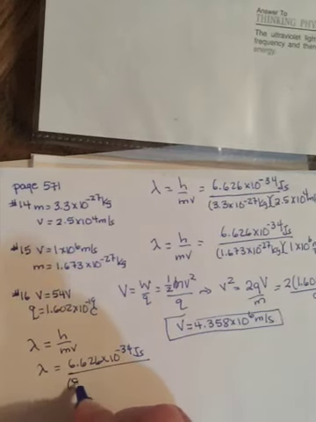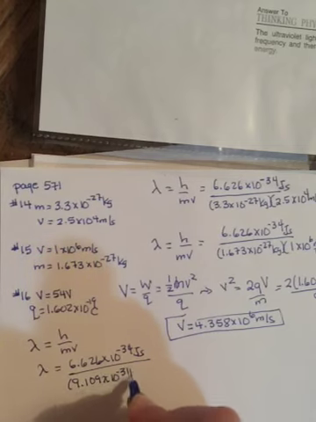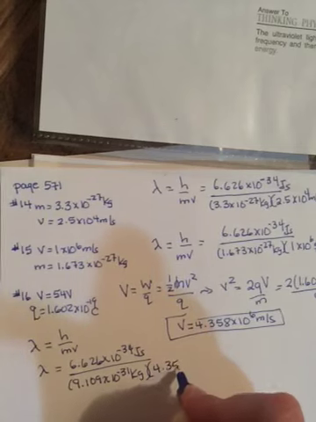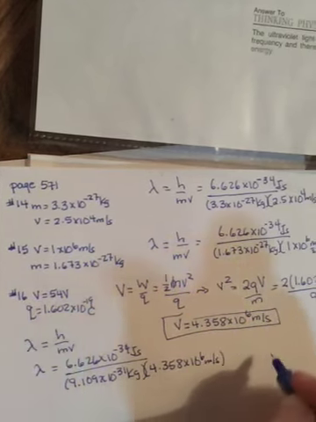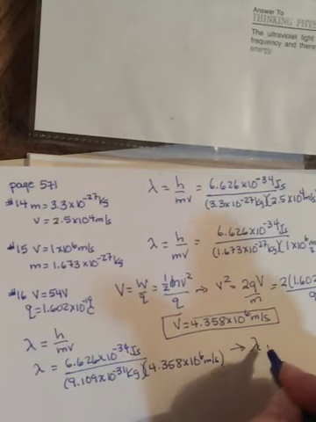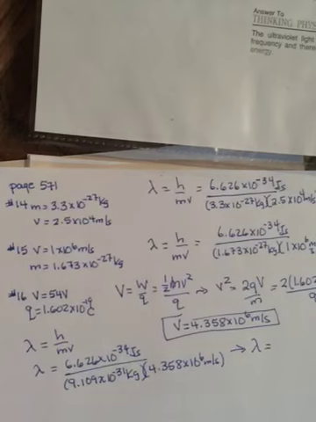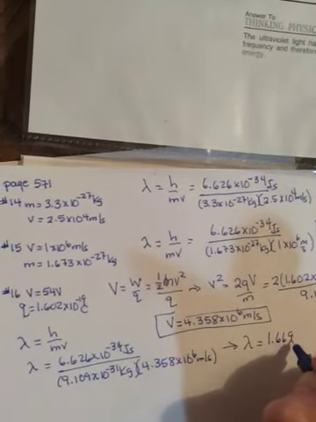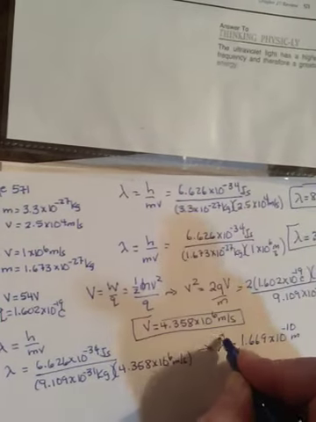It's an electron, so 9.109 to the negative 31 kilograms, and the 4.358 to the 6th meters per second. Lambda equals, and you should get 1.669 to the negative 10 meters.